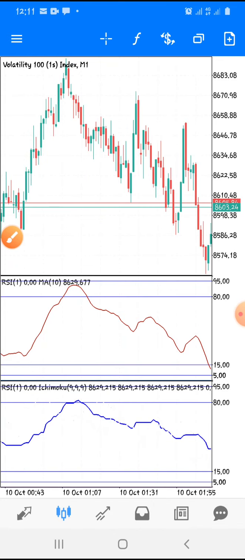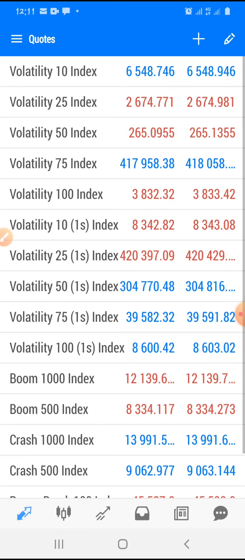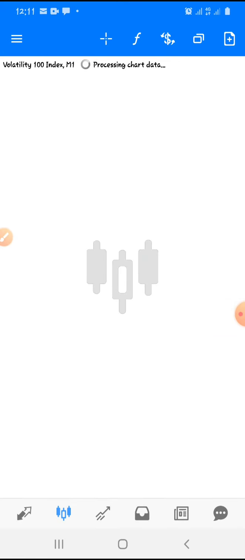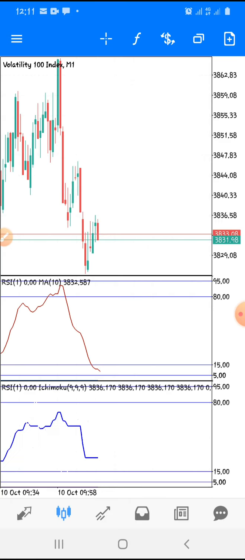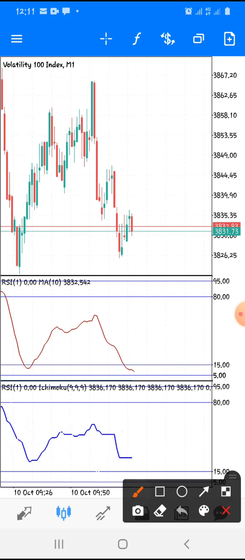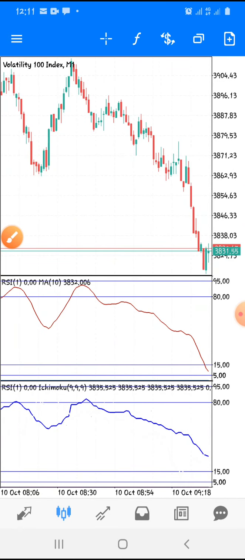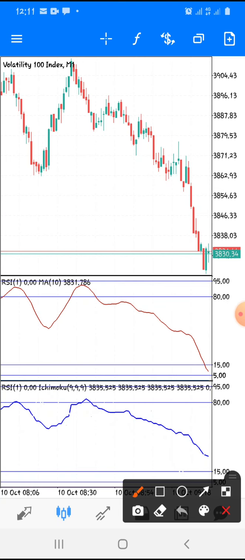We can also check another pair, like the Volatility 100 Index. Same thing applies, like I've just said, you can use the strategy to trade almost even the currency pairs, gold, silver, all the other pairs. So here you can see the moving average was in between 80 and 95.